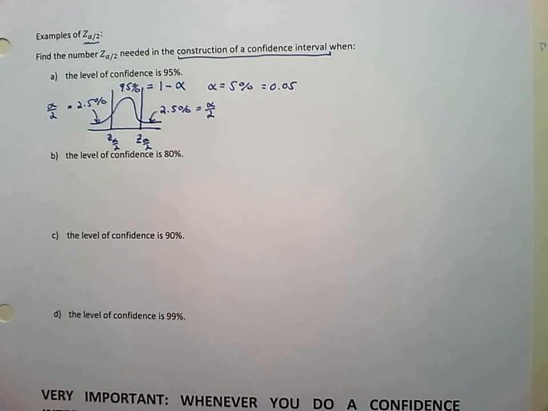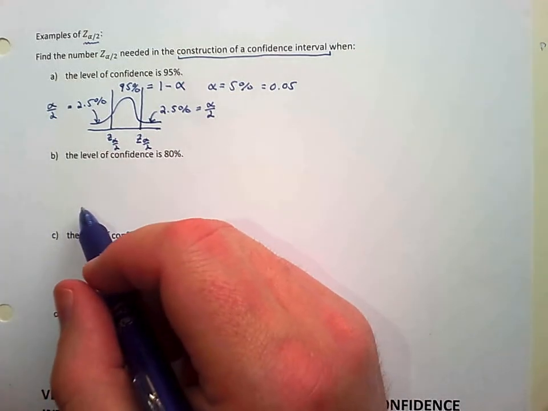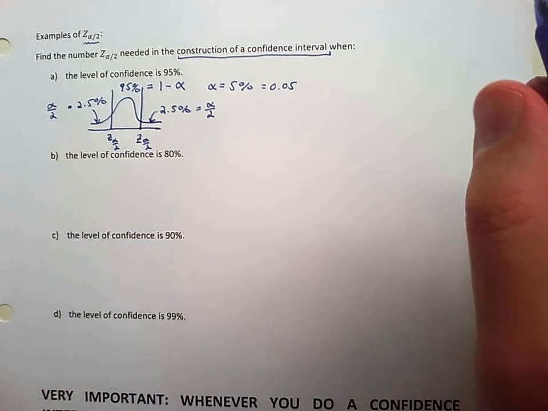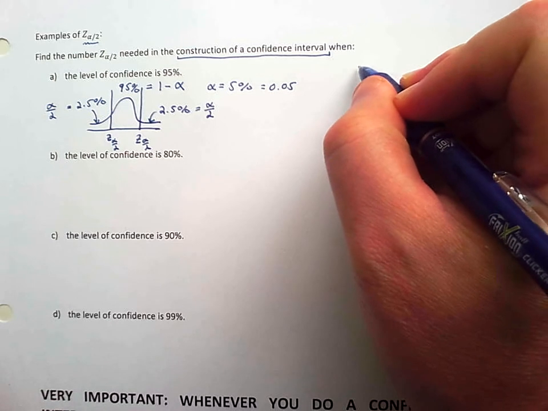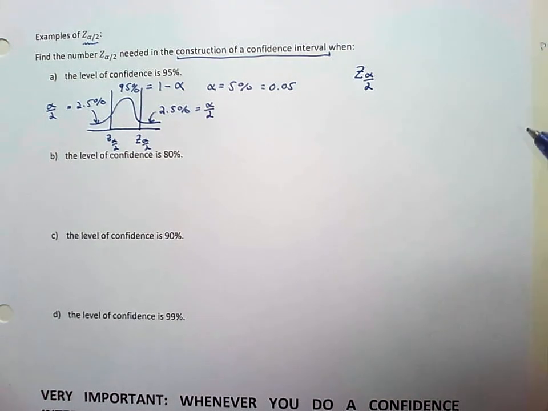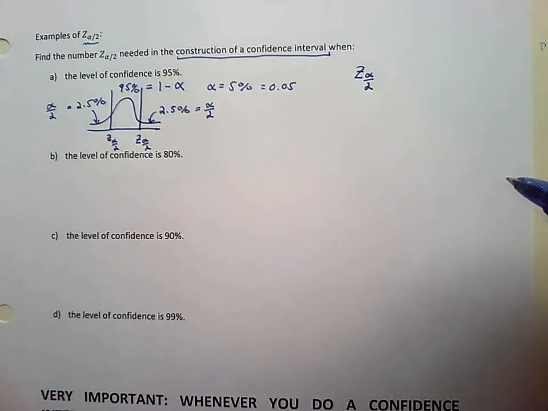So keep in mind here, and this is something that's important and maybe a little bit unique to my notation for this stuff, that we're always going to consider z sub alpha divided by 2. Whenever I talk about z sub alpha divided by 2 in my classes, I'm always going to think about this number as being a positive number, right?